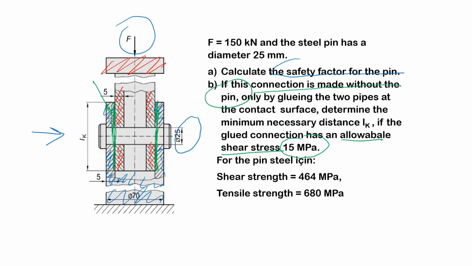So we have to take a distance LK and find the necessary distance so that there will be no fail. Well, for the pin, the shear strength and the tensile strength is given. That's the tau value, and that is the sigma value.